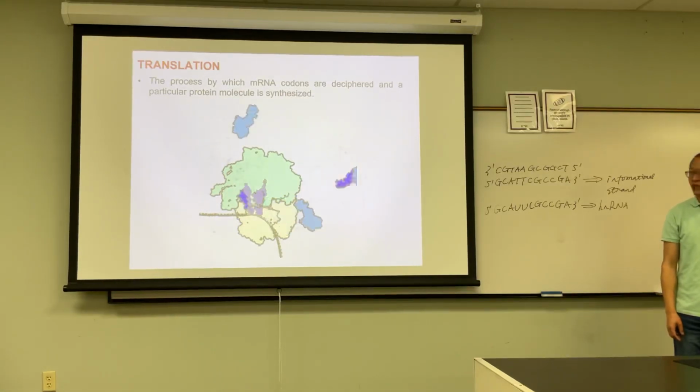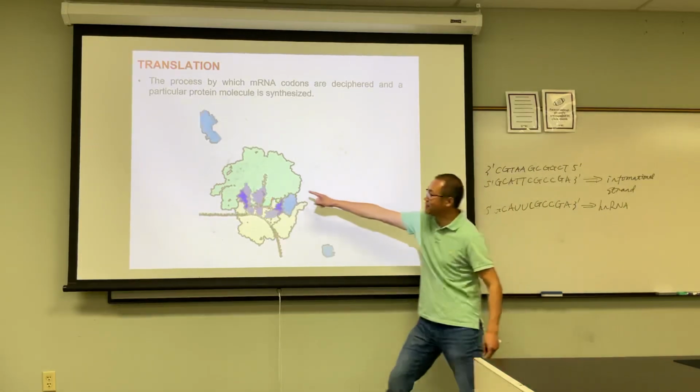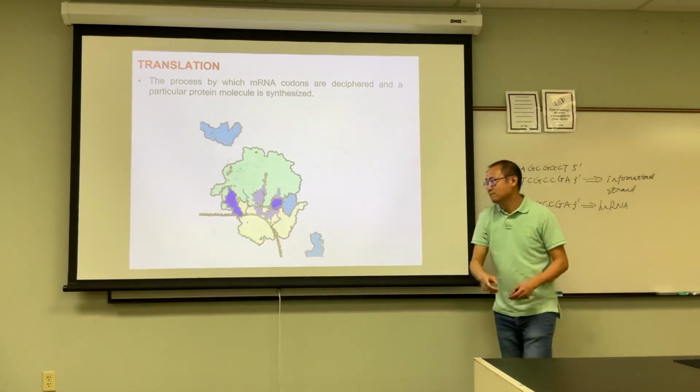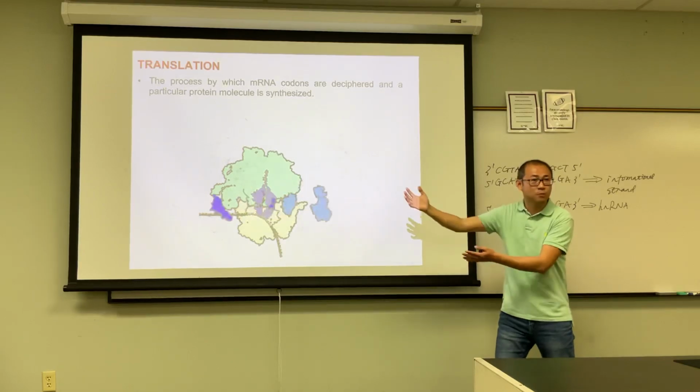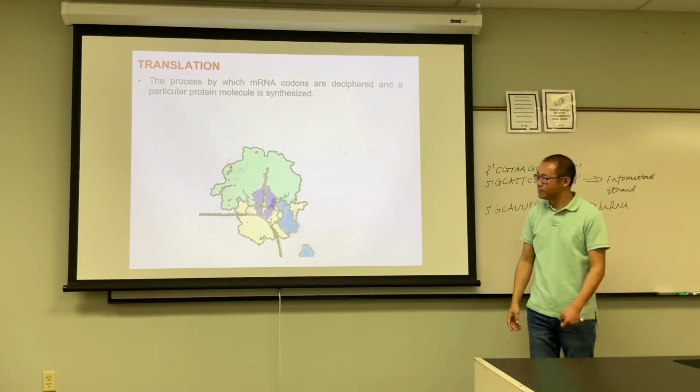See that? Transfer RNA comes in, brings an amino acid, and you can see this is the protein chain. It's growing. And the factory is moving forward, like reading the codon.